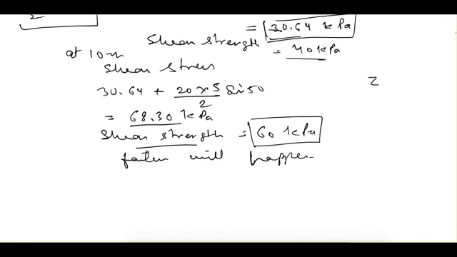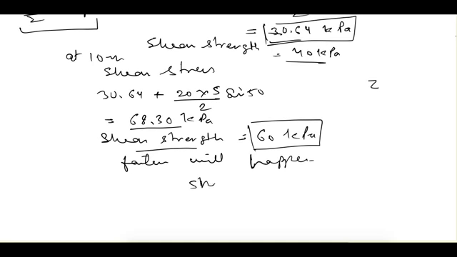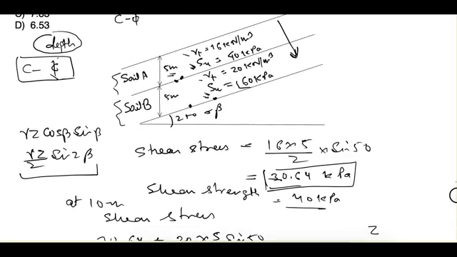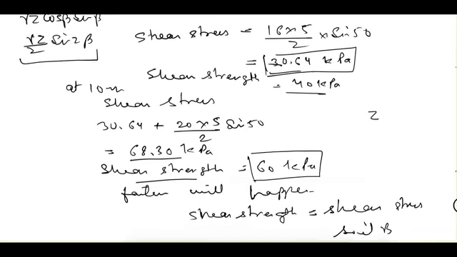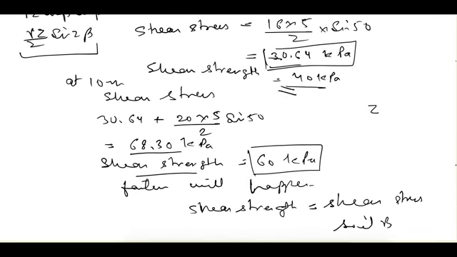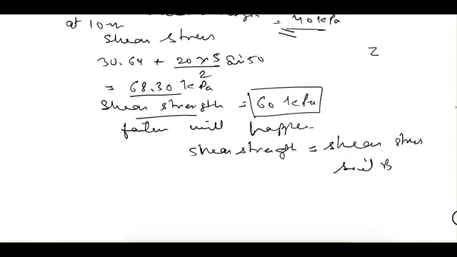So at some point the shear strength will be equal to shear stress, and that will happen in soil B, because in soil A we have seen that up to the depth of 5 meters the shear strength is more, that is 40 kPa. So it will happen in soil B.